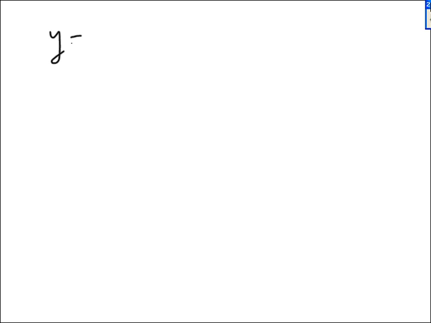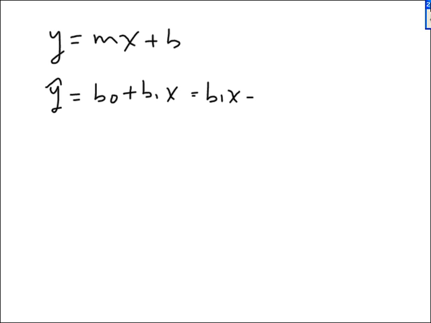If you recall in our basic algebra, every line can be written in the form y equals mx plus b. With linear regression, we just write it differently. y hat is equal to b0 plus b1x, which for the record is the same as b1x plus b0.